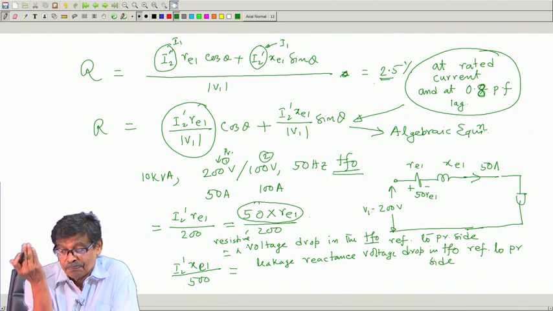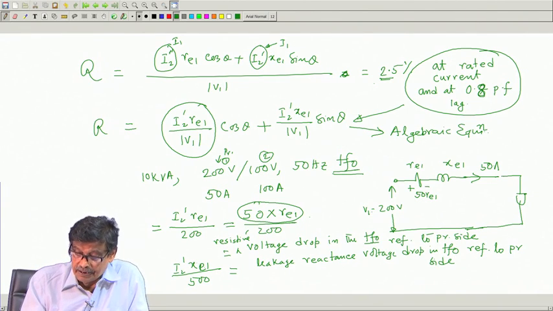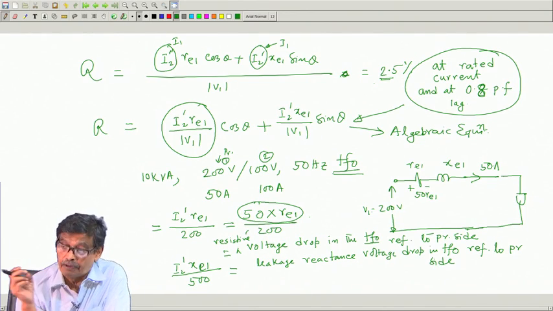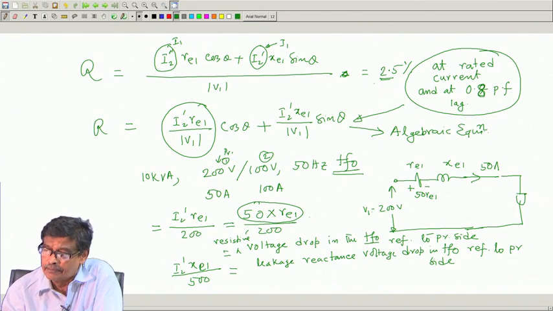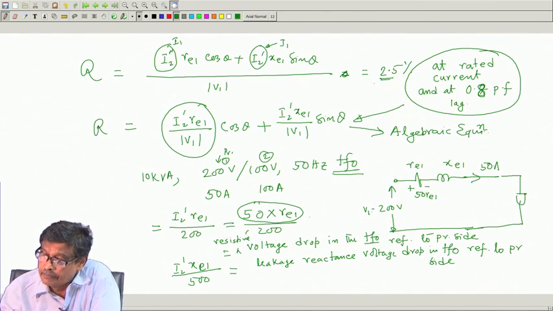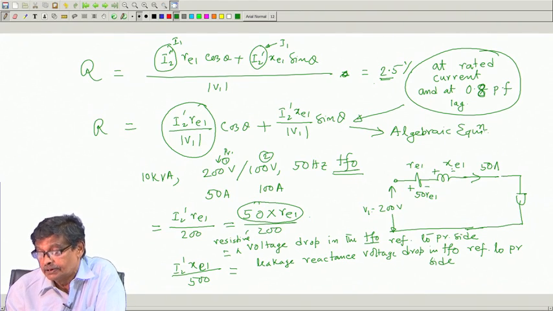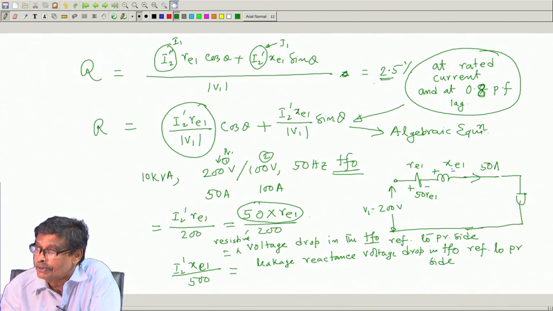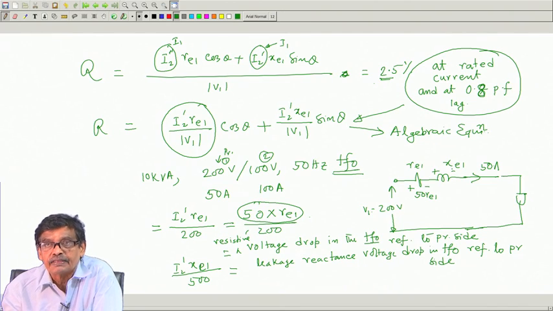If it comes out to be, say, 5% after calculating, I will say, oh, 5% of this 200 volt, at rated current, some voltage will be dropped across here, some voltage will be dropped across here. That magnitude of voltage divided by the rated voltage is nothing but how much of the total rated voltage is consumed by the resistance, and how much is consumed by this reactance.